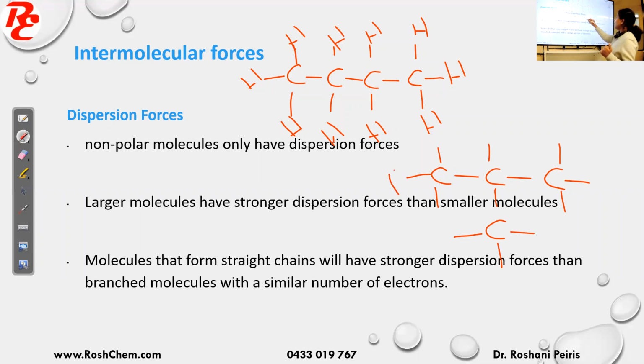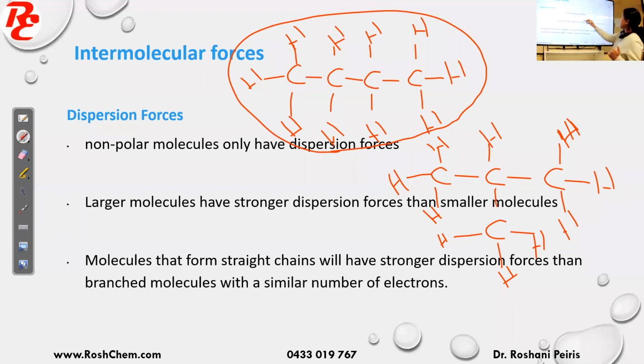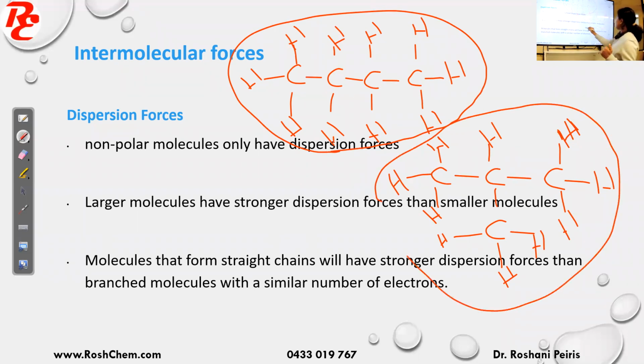So we know the greater the number of electrons, the stronger the dispersion forces. But in this case, the number of electrons is the same, but one molecule is branched, right? Butane is a straight chain molecule and this one is a branched molecule.